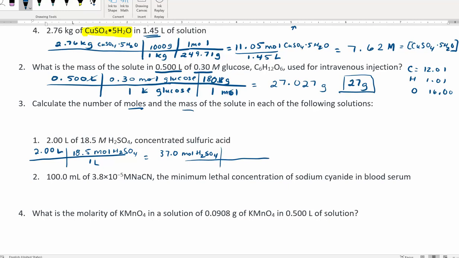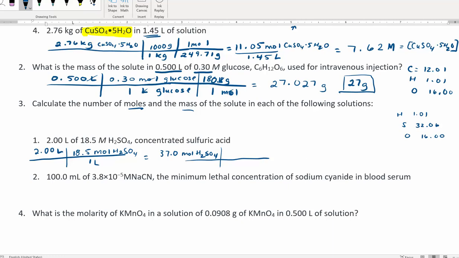So now we need to find the molar mass. So hydrogen is still 1.01. Sulfur, I'm using 32.06. And oxygen is 16.00. So to find the molar mass, 2 times my hydrogen plus sulfur plus 16 times 4.